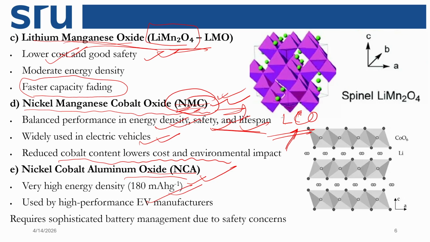This compound requires very sophisticated battery management due to safety concerns. There is some safety concern for this material, because if people overcharge or overly drain it, there will be safety issues for this compound.